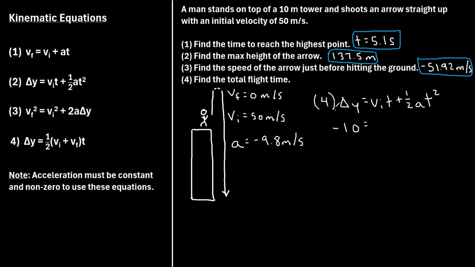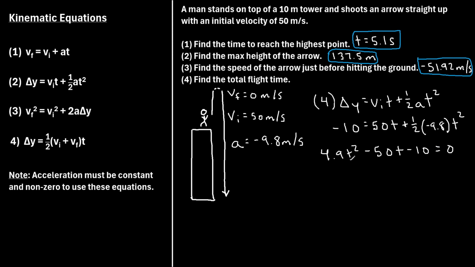That's equal to the initial velocity, 50, times the time, which we don't know, we're trying to solve that, plus 1/2 times acceleration, again negative 9.8, times time squared. Let's move all of our variables to the left-hand side of the equation. 1/2 times negative 9.8 is negative 4.9 t squared. When we move it over, we'll have positive 4.9 t squared, then minus 50t, and minus 10 is equal to 0.